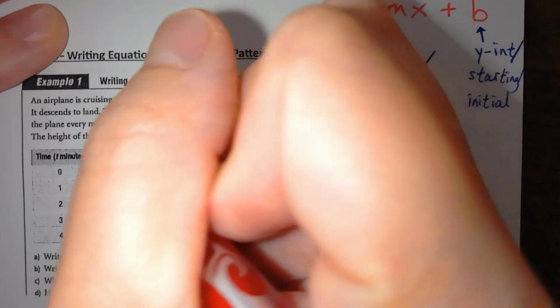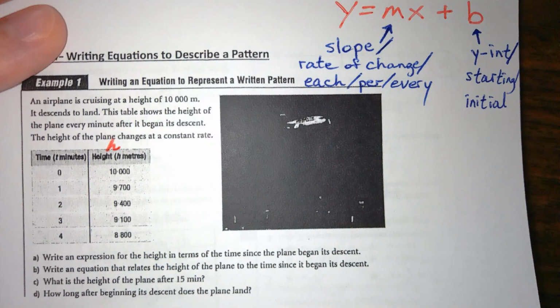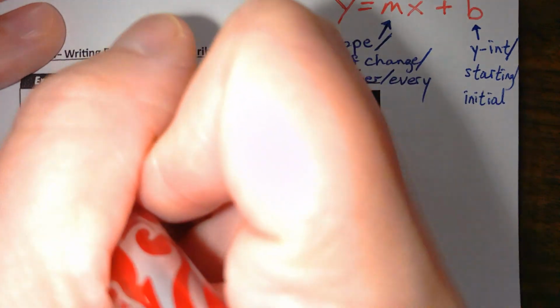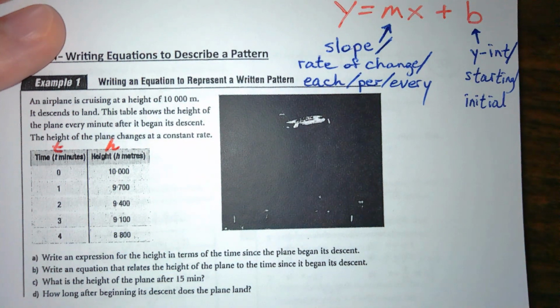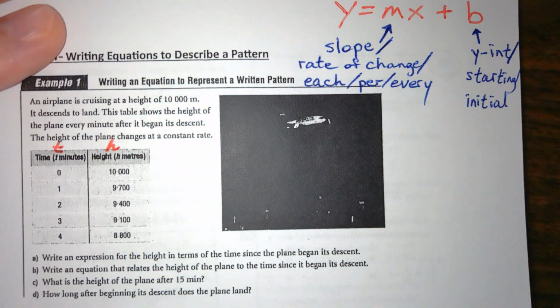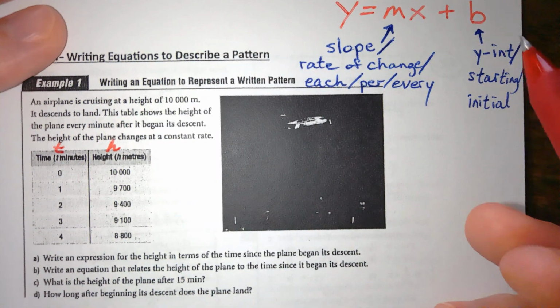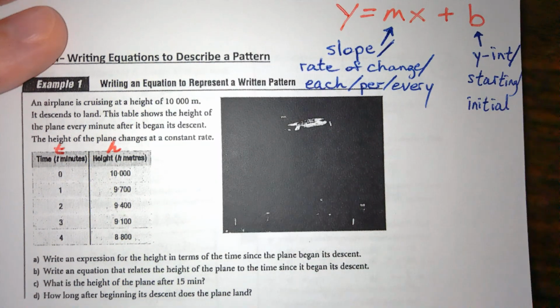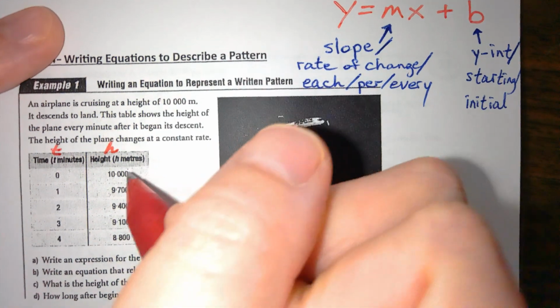H, right? So for height, we can use h. And what about for time? T, right? A lot of times, especially in grade 10, you're going to do a lot of these height and time problems. What is the starting value of the plane? 10,000. That's right.